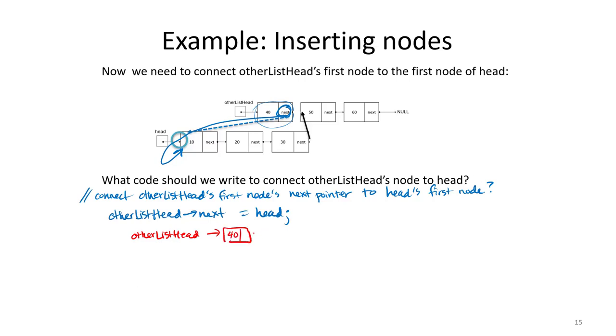Now we will have the following. We have our node containing 40, but that node now points where head points, at that node containing 10, 20, and then 30. And only then do we point back at the remaining nodes.